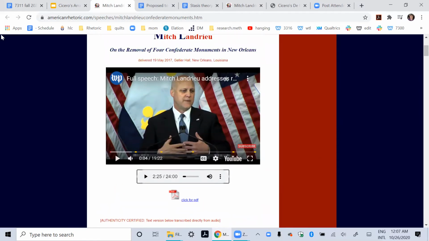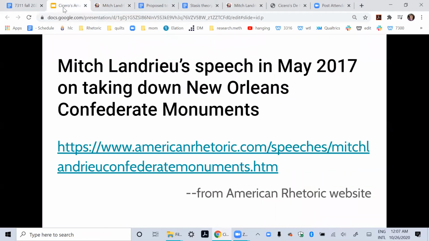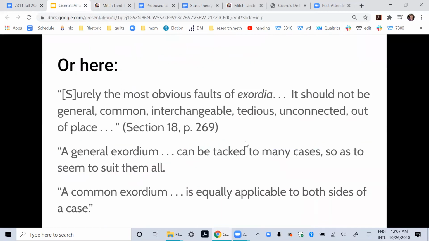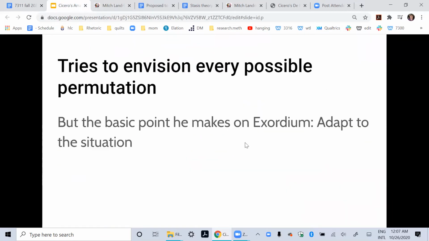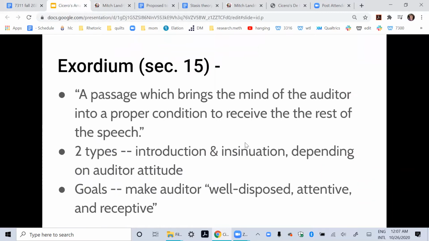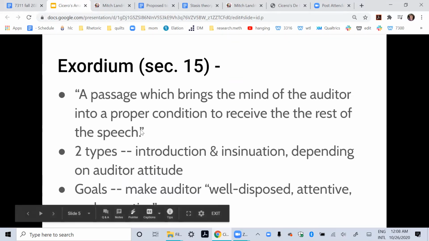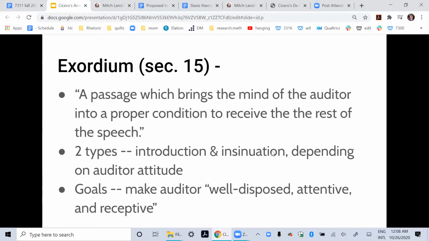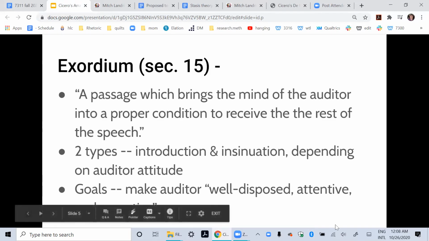So what you see there is an exordium. It brings the mind of the auditor into a proper condition to receive the rest of the speech. And it makes the auditor well-disposed, attentive, and receptive.